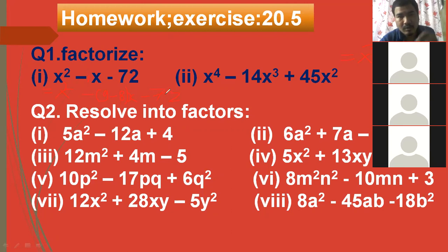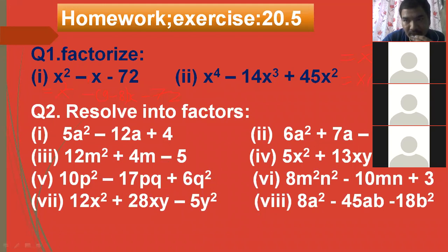Because the front minus sign will multiply with this minus sign when you remove the bracket. Then how many terms become there? 4. What is common in the first two terms? X is common, x minus 9.